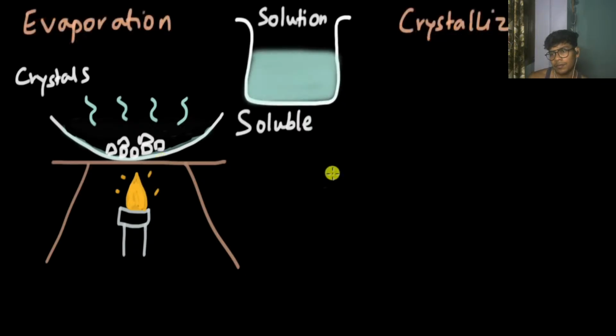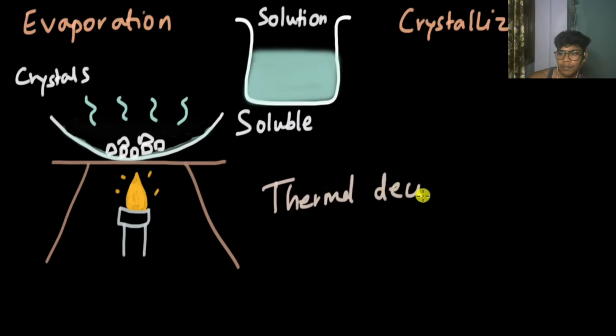Now there is one advantage to this method, that this is a very simple method. It does not require complicated equipment. You can just have a dish and some heat source, a candle or a Bunsen burner. But one disadvantage is that sometimes the solute can undergo thermal decomposition. What that means is basically the solid breaks down into two or more new chemical substances.